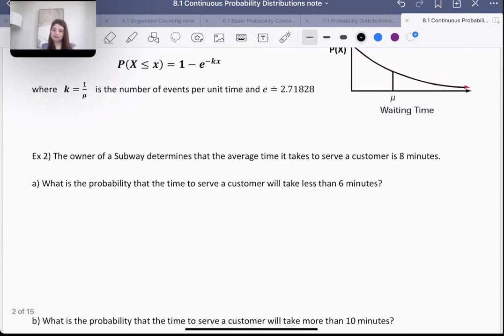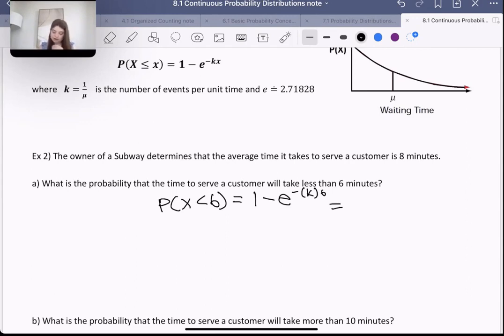Well, let's think about this. The probability that it'll take less than 6 minutes is equal to 1 minus e to the negative lambda, or k in this case, times x, which is 6 in this case.